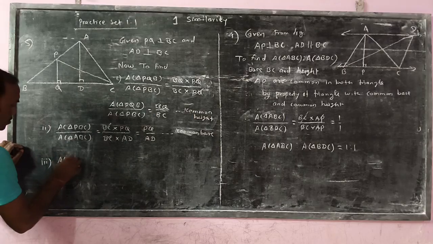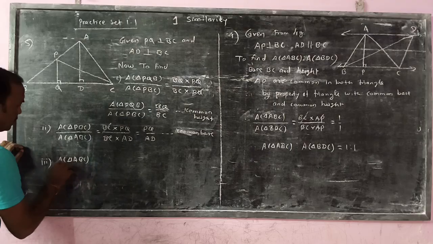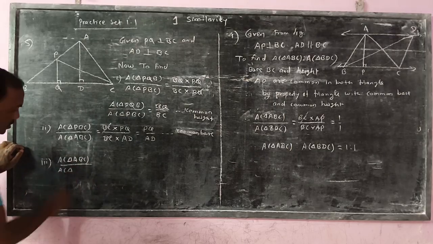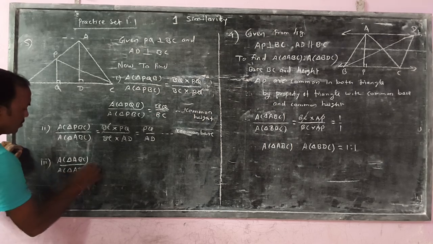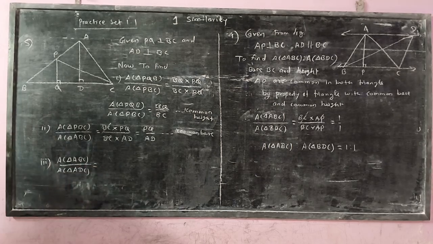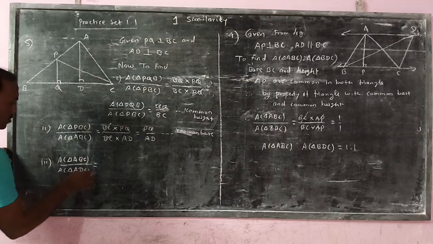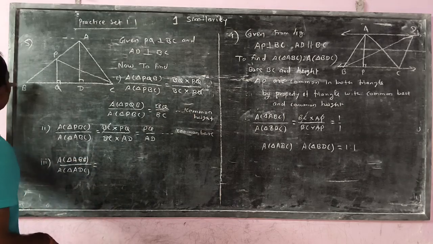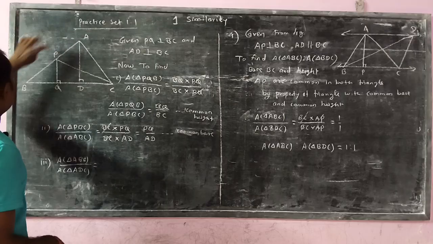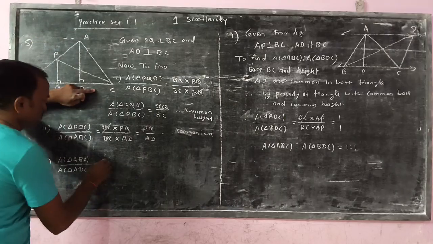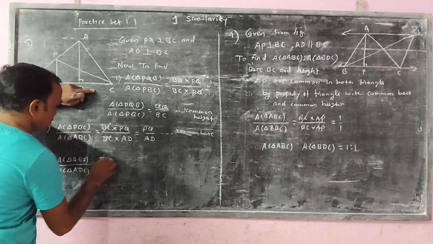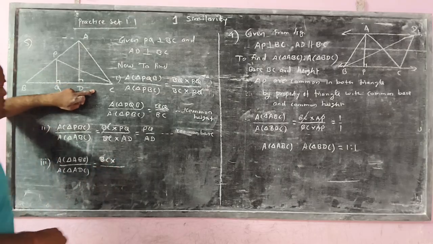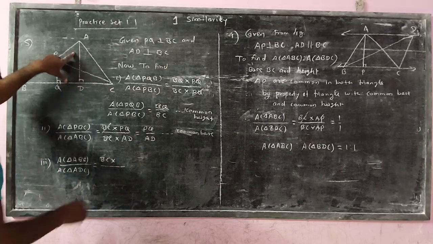Area of triangle ABC upon area of triangle ADC equals, now look at this figure. In triangle ABC, the base is BC and height AD.